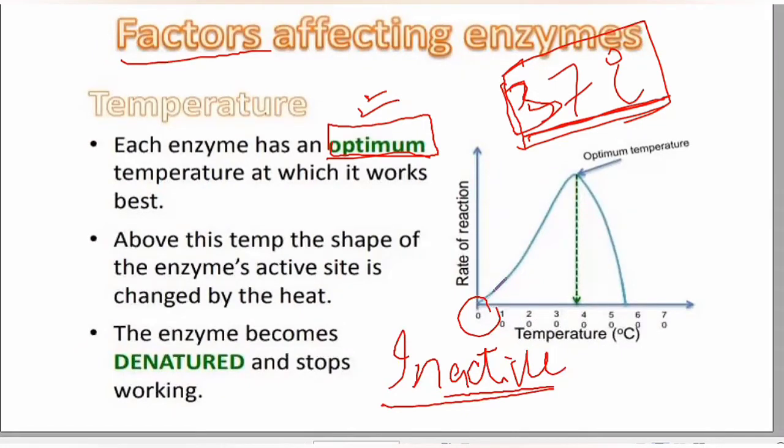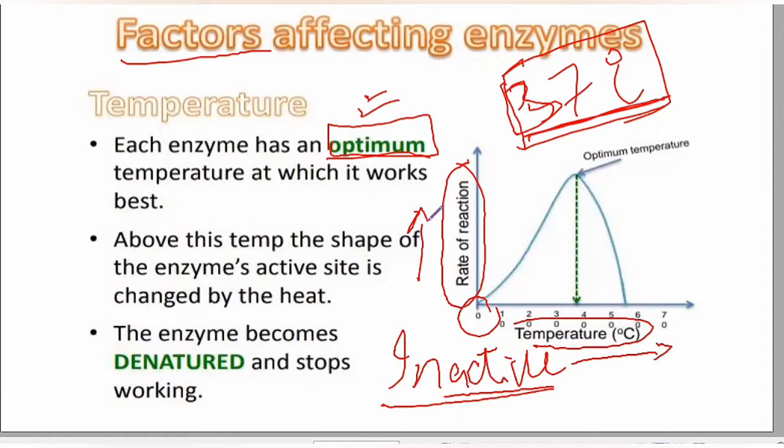Here you can see we are increasing the temperature, and this upward graph shows that the activity of the enzyme is also being increased. On the y-axis, you can see the rate of reaction or activity of the enzyme, and on the x-axis there is the temperature. As we increase the temperature, activity is also going upward.